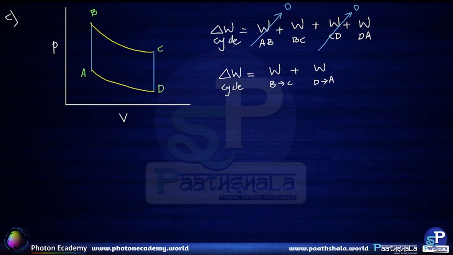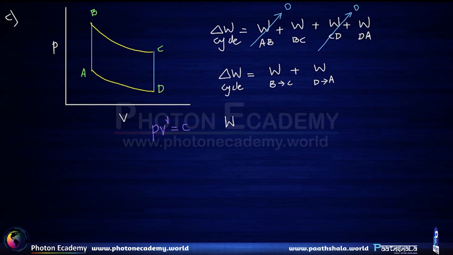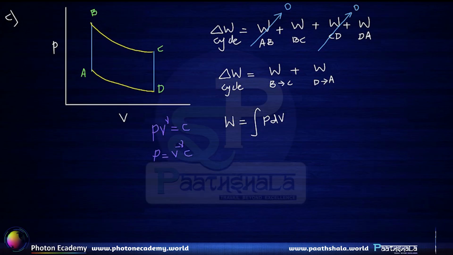For an adiabatic process, the equation of state is given by PV power gamma is constant, and the work done is equal to integral P dV. From this relation PV power gamma is constant, we get the value of P as V power minus gamma into C, and substituting this value into the work done, we get W is equal to integral C V power minus gamma dV.